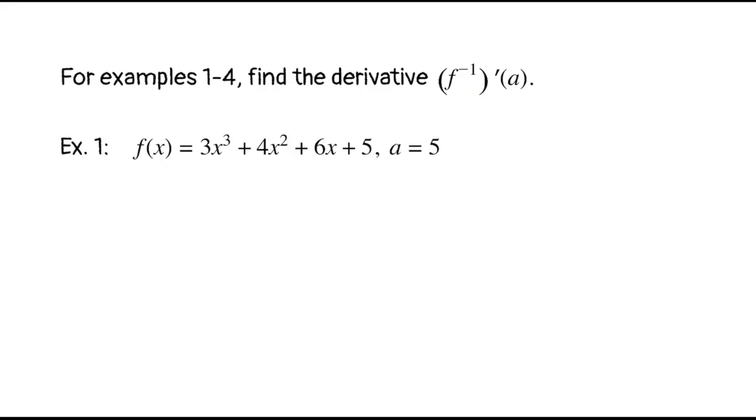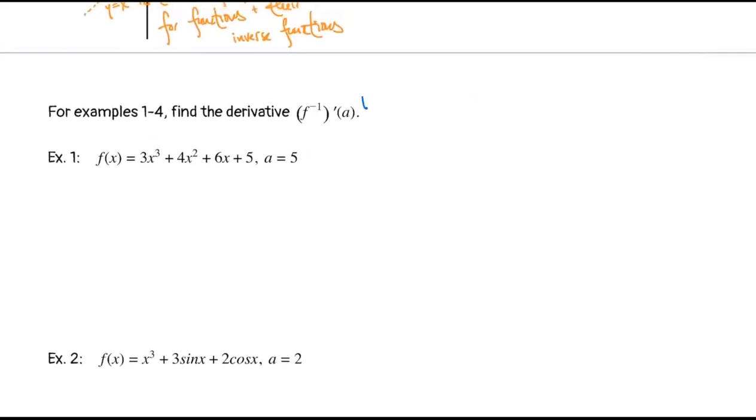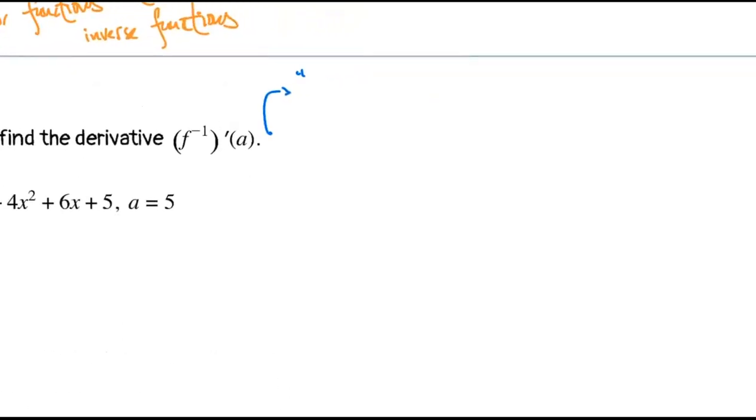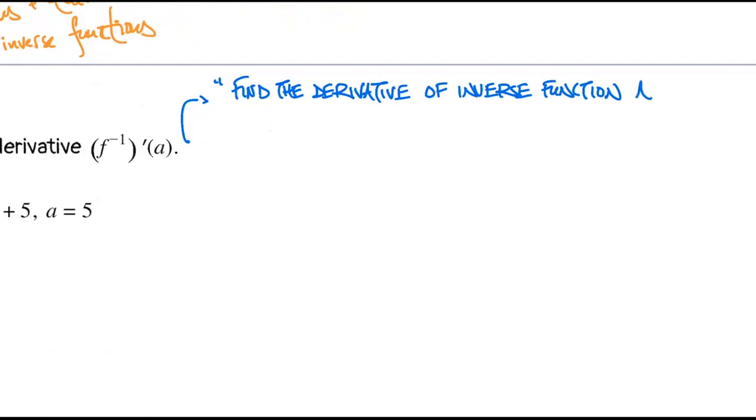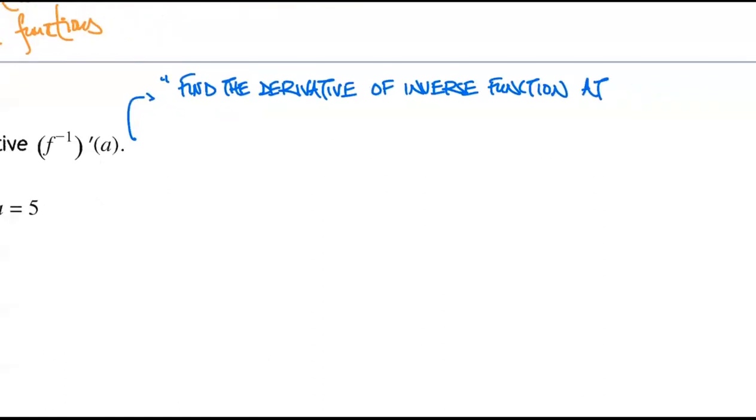For each of these examples, I want you to find the derivative of the inverse function. If I were to write that out in words, I would say: find the derivative of the inverse function at, what point am I looking for?